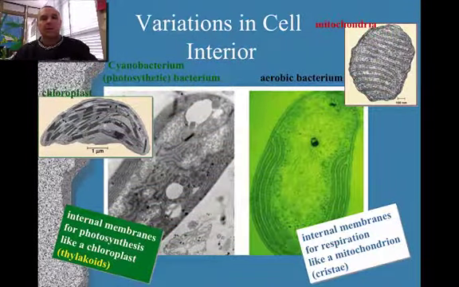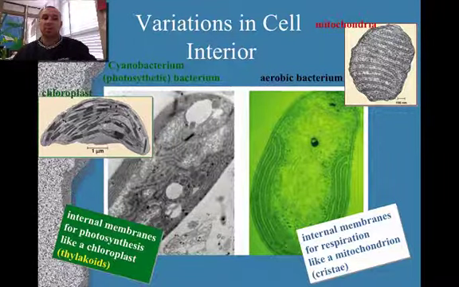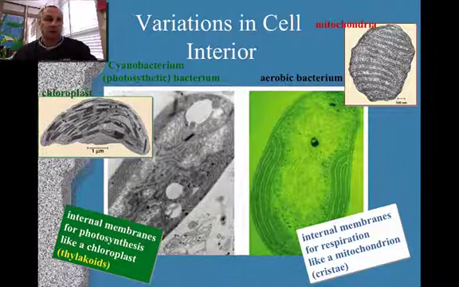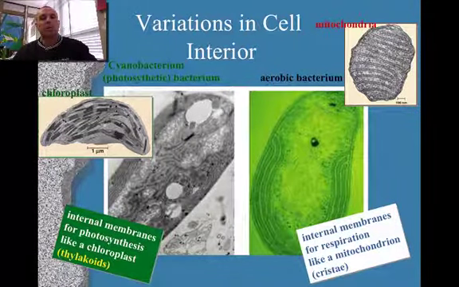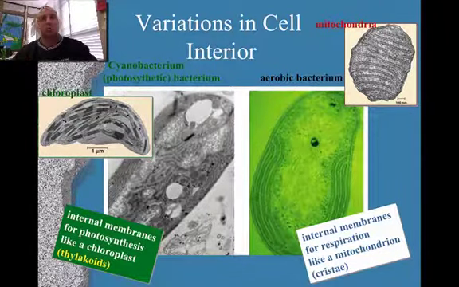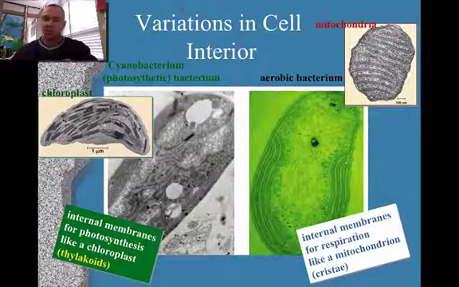Now, when we look at variations within bacterial cells themselves, cyanobacteria, which is bacteria that is photosynthetic, has internal compartments that look very similar to chloroplasts. It even has thylakoids. And then you have aerobic bacteria, whose internal compartments look very similar to the mitochondria. So they're involved in cellular respiration. You can see both of these over here.